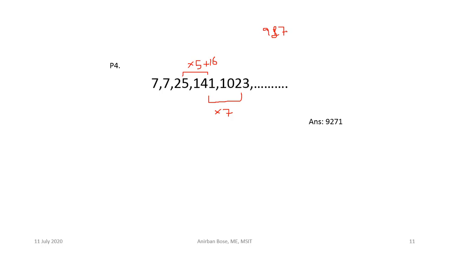That means 1023 minus 987, plus 36. So I hope you got some relationship: multiplied by 5 plus 16, multiplied by 7 plus 36. Okay, so try to understand the relationship. So here 7 to 25, multiplied by 3 plus 4. So I hope you got the relationship, that gradually the multiplying factor increases by 2.